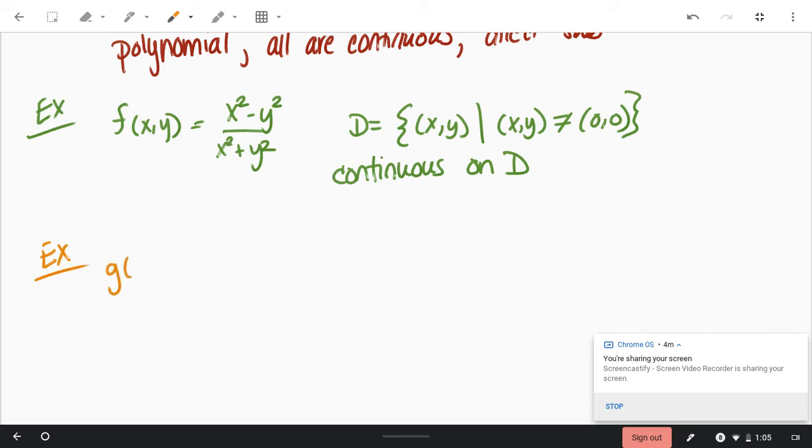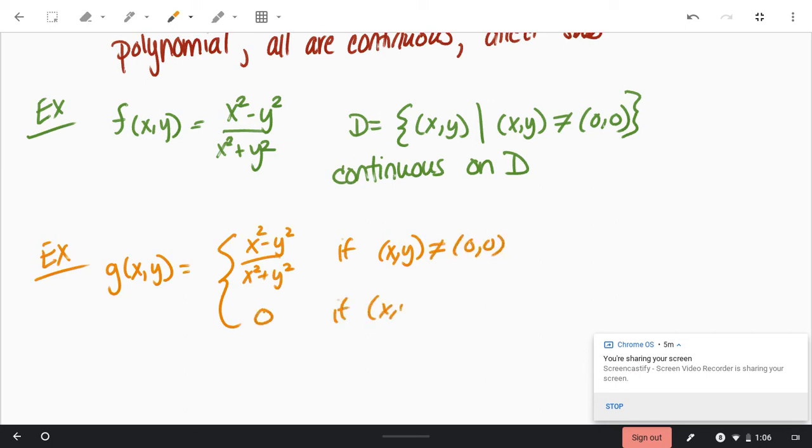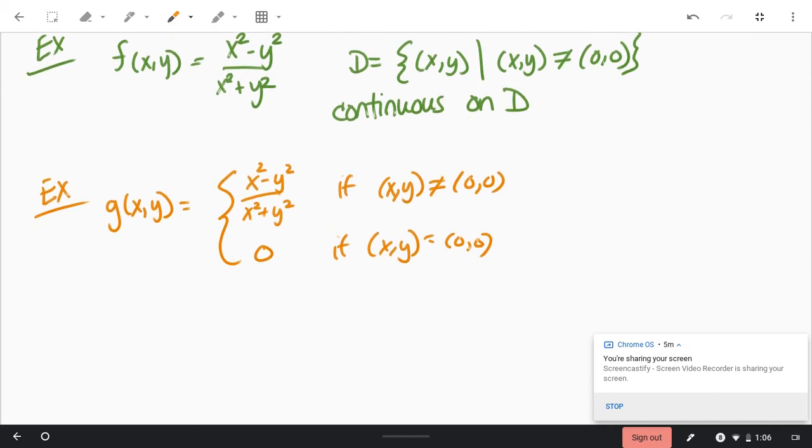Okay. Another one, if we say, all right, well, let's make it a piecewise function. x squared minus y squared over x squared plus y squared if (x, y) does not equal (0, 0), and let's say it's 0 if (x, y) equals (0, 0). Okay, well, we just learned that the limit of x squared minus y squared over x squared plus y squared does not exist.